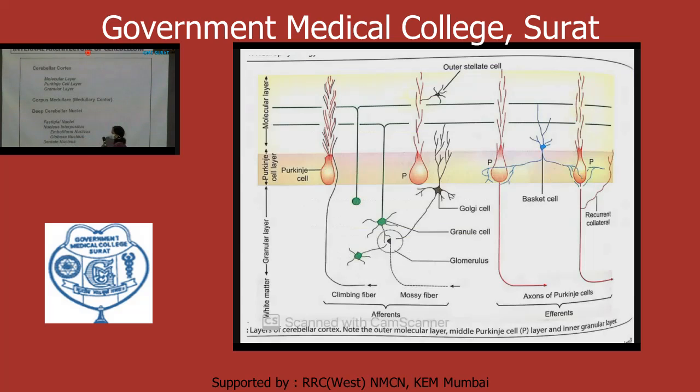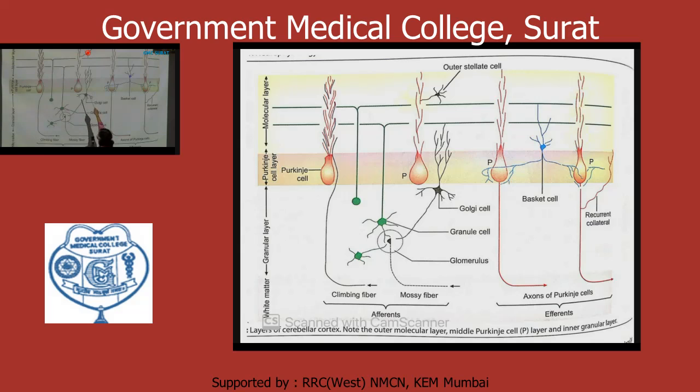This is the internal architecture of the cerebellar cortex, which has three layers, the outermost being the molecular layer, then the Purkinje cell layer, and the granular cell layer.